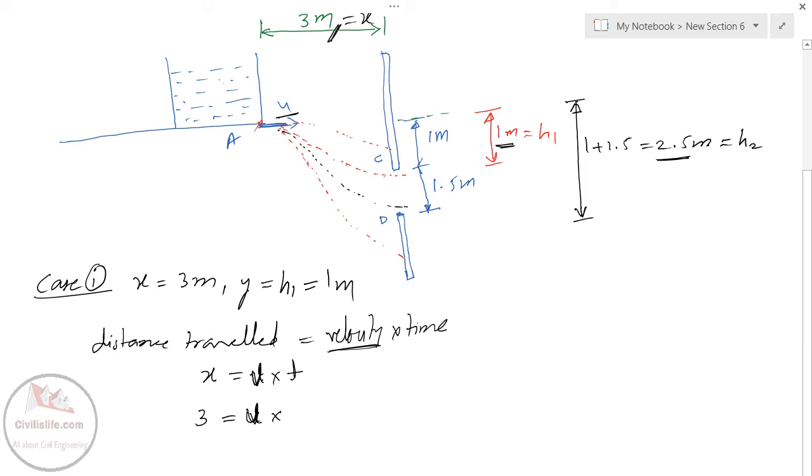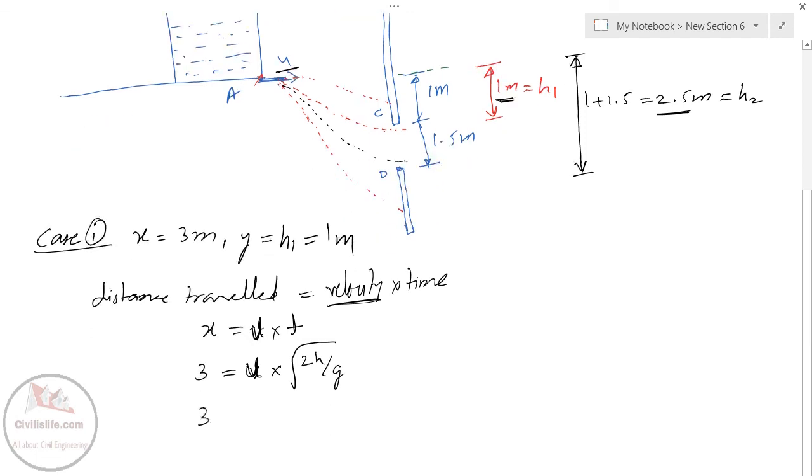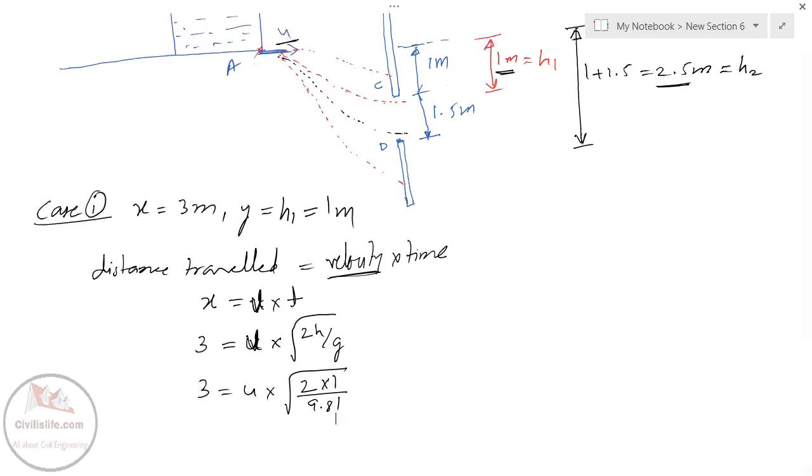The time required is given by the equation square root of 2h upon g. If I substitute the value of h, for case 1, h is 1 meter, upon 9.81, and if we solve this we get u as 6.644 meter per second.